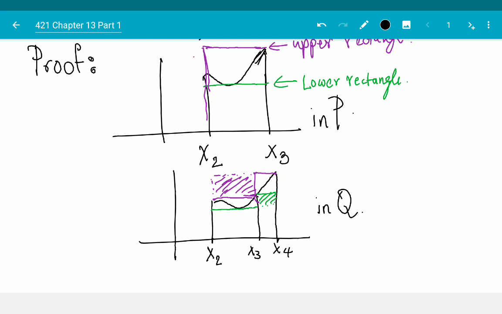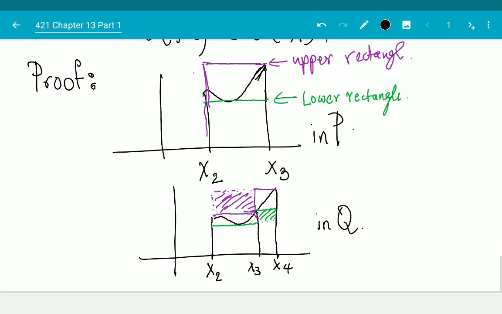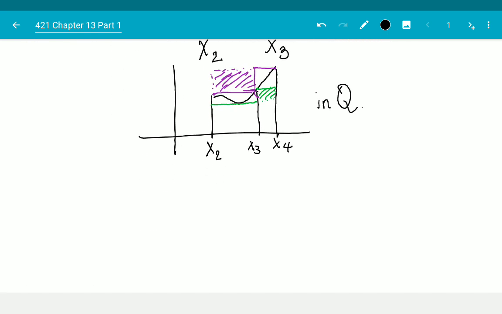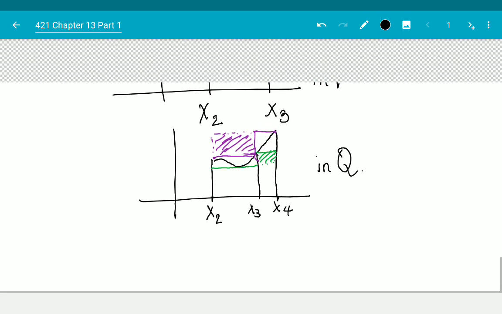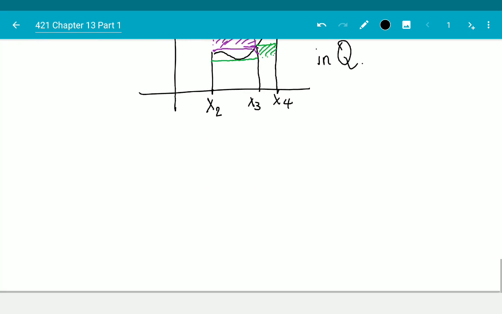And so my value of the lower sum has increased while the value of the upper sum has decreased. So that's a figurative proof. Let's do a proper systematic proof.